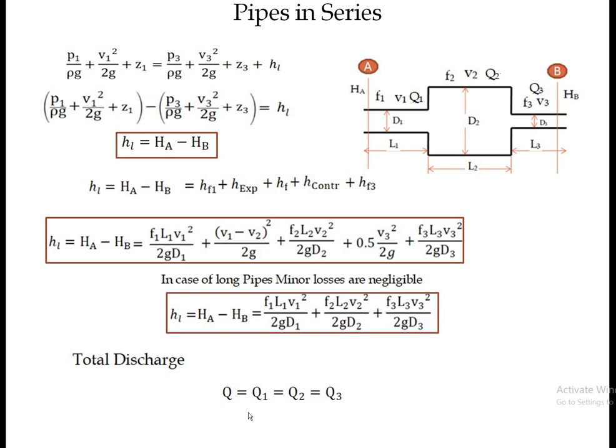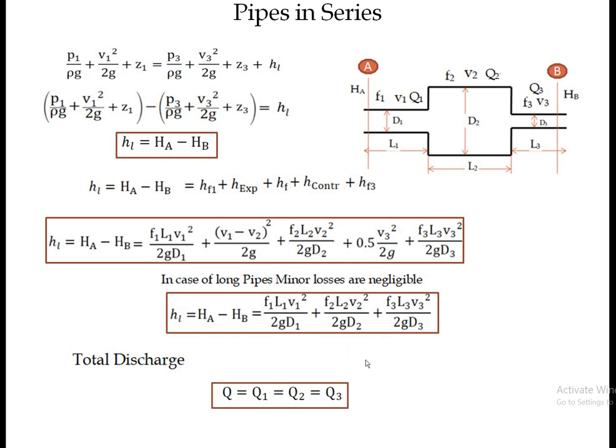So Q equals Q1 equals Q2 equals Q3. This is a very important condition. The discharge remains constant in pipes in series, and for head loss we have to add all the head losses, minor losses and major losses, to find the total head loss when pipes are connected in series. So this is about pipes in series.